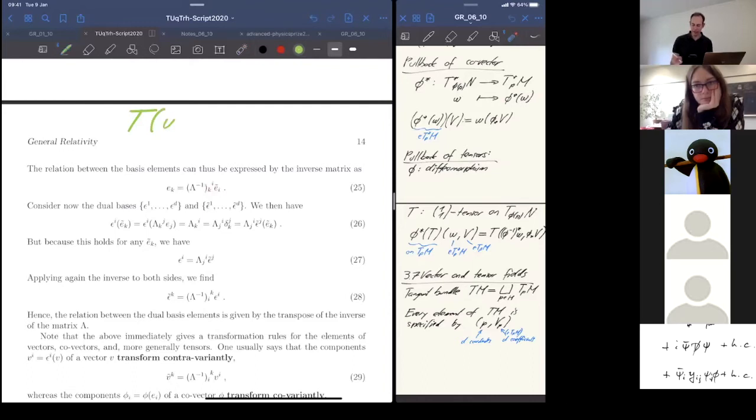So for example, a tensor could take some omega and then maybe some vector x and another vector y. Now, if I write the components of this tensor, then I usually have a component which is first a component corresponding to this first argument.